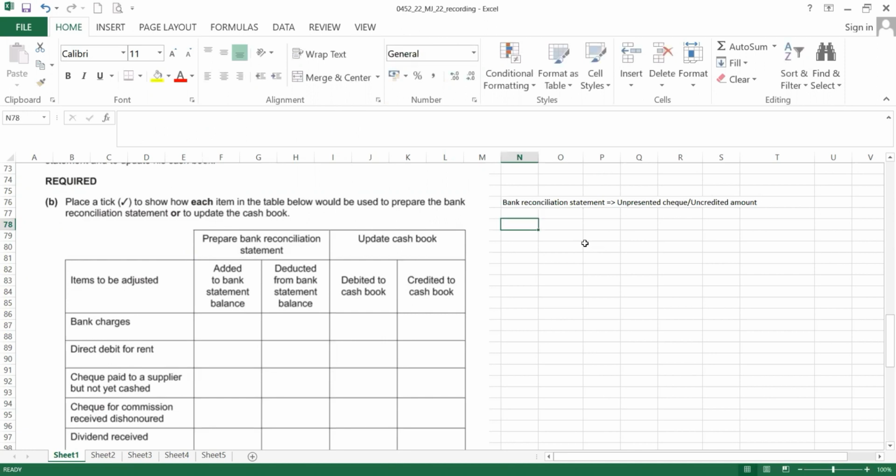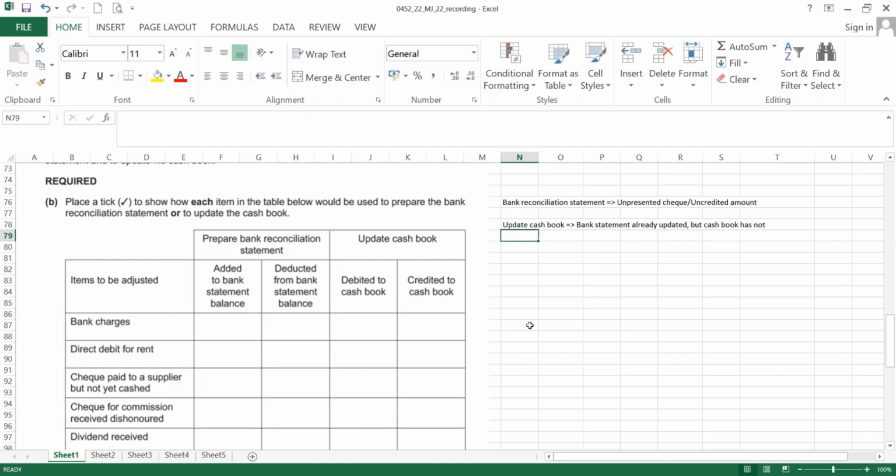The next one, update the cash book. Update cash book normally refers to items where the bank statement is already updated, but the cash book has not. So this is the difference.